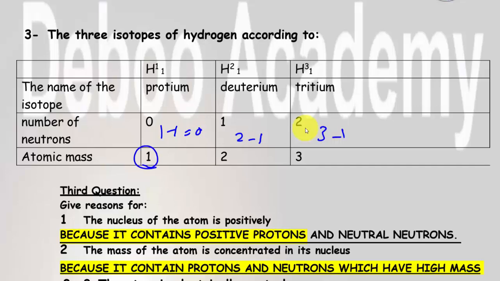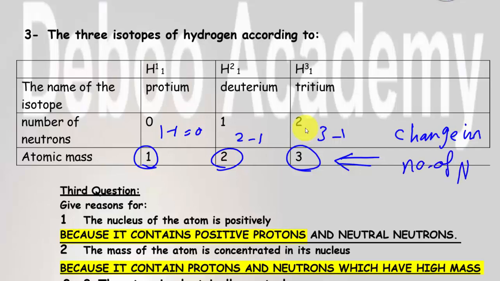Atomic mass here is 1, here 2, and here 3. Due to the difference in atomic mass, we call them isotopes. So the change in the number of neutrons causes the phenomenon of isotopes.